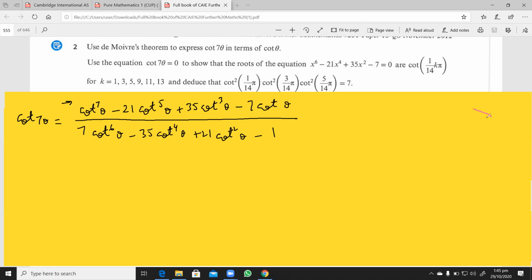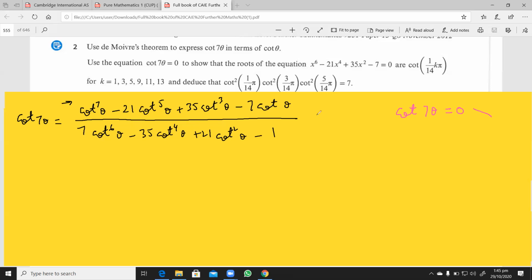So first of all, you see that when I just put this cotangent 7 theta equal to 0, I can solve this equation. I'll be getting some values of theta from here. And on the other side, we'll be replacing this cotangent theta with the x over here, okay?